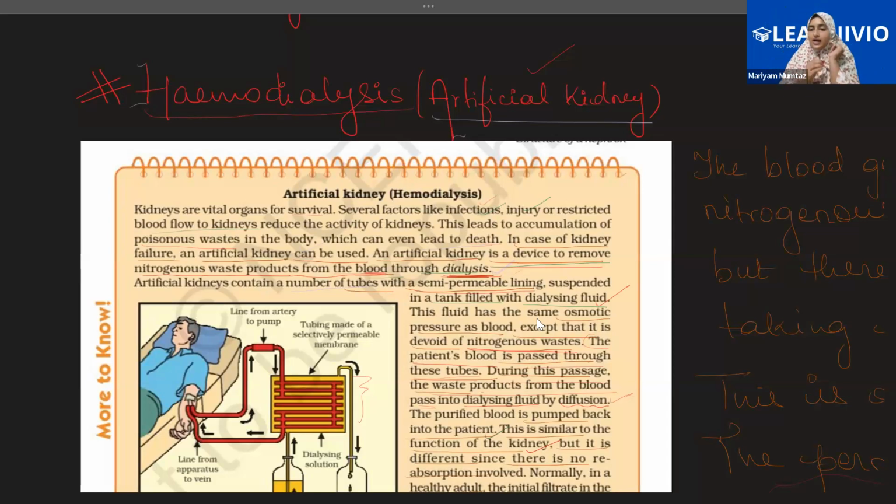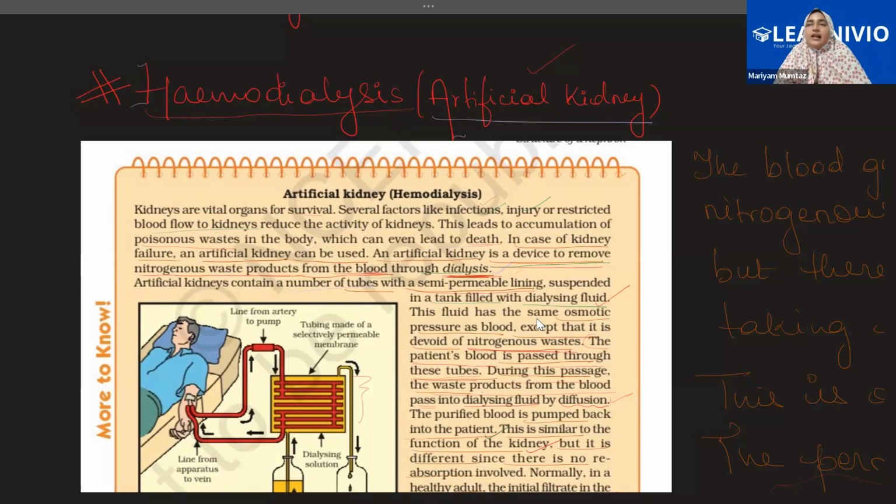So once a person's veins, not arteries, veins, are connected to the machine, then the blood flows through the machine, and we know that whenever there is a higher concentration of something at one end and lower at another, which process will take place? Osmosis. Diffusion. If it were like the question that I asked, the answer would be diffusion. But since we are talking about liquid, that will be osmosis.